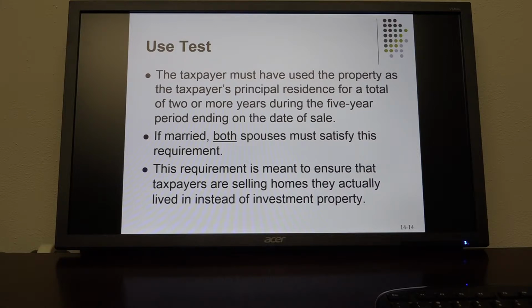If married, both spouses must satisfy this requirement. Okay? This requirement is meant to ensure that taxpayers are selling homes that they actually lived in instead of investment property.